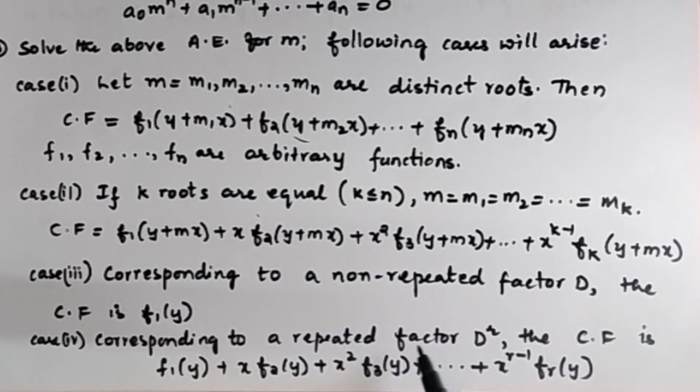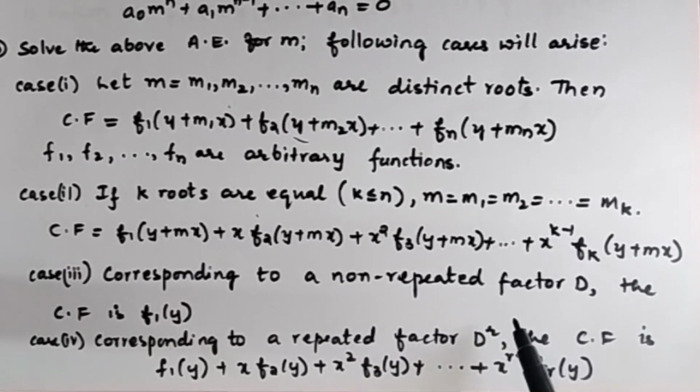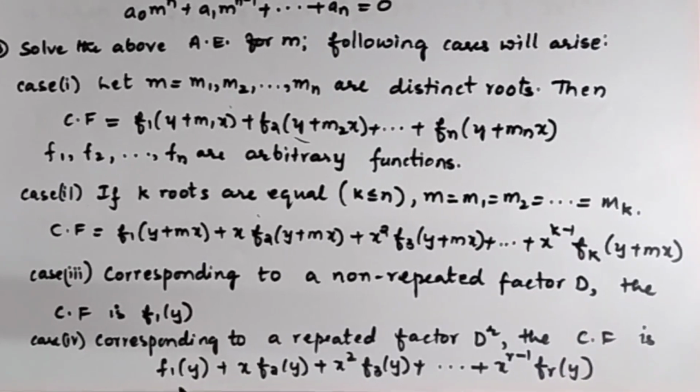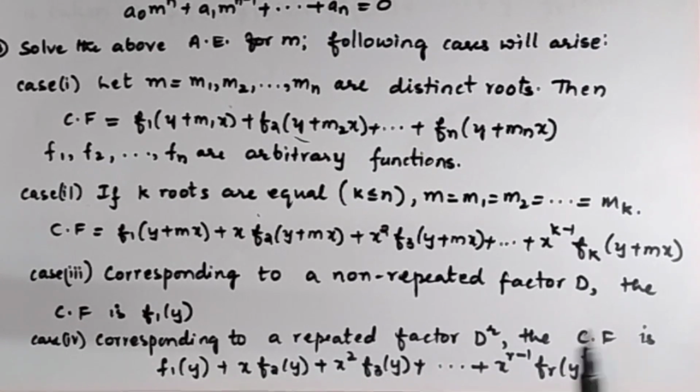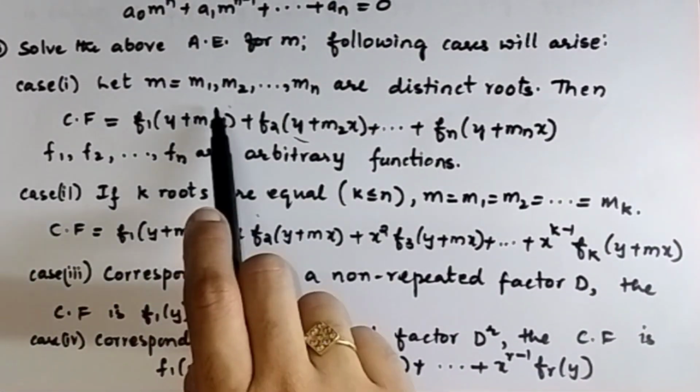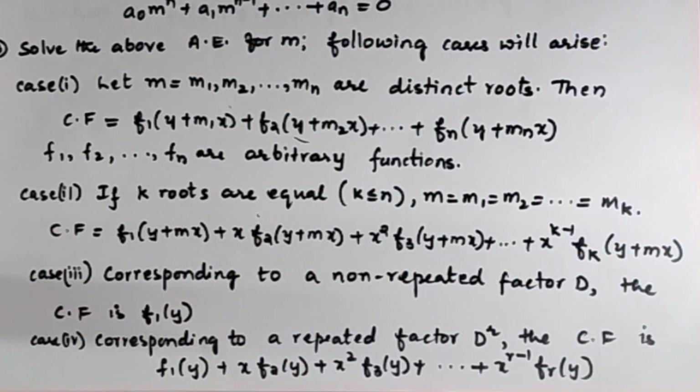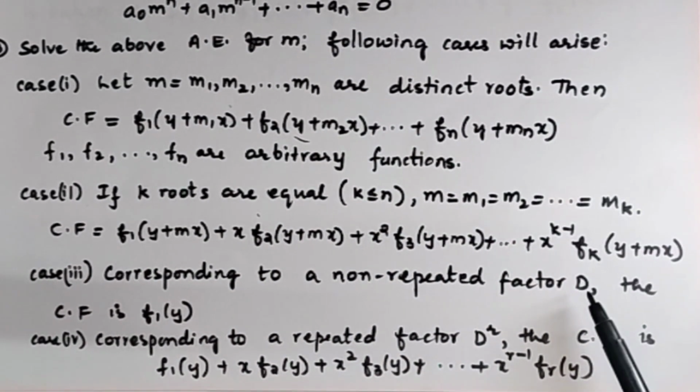Corresponding to a repeated factor d to the power r, like d square, d cube, if it exists independently, then complementary function is chosen as f1 of y plus x into f2 of y plus x square into f3 of y plus so on up to x power r minus 1 into fr of y. That is same as this, where roots m1, m2 are equal to 0, because there is only one independent factor d.